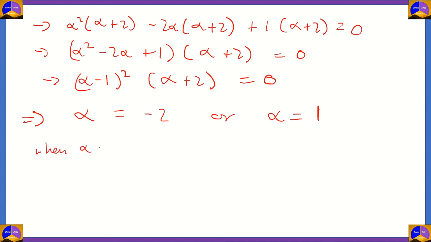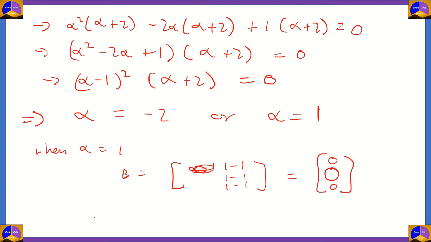When alpha equals 1, the matrix B will be equal to alpha minus 1, which is 1 minus 1, 1 minus 1, and 1 minus 1. Basically, the matrix B is a 0 matrix. So adjoint of A times B will be adjoint of A times 0, which is equal to 0.